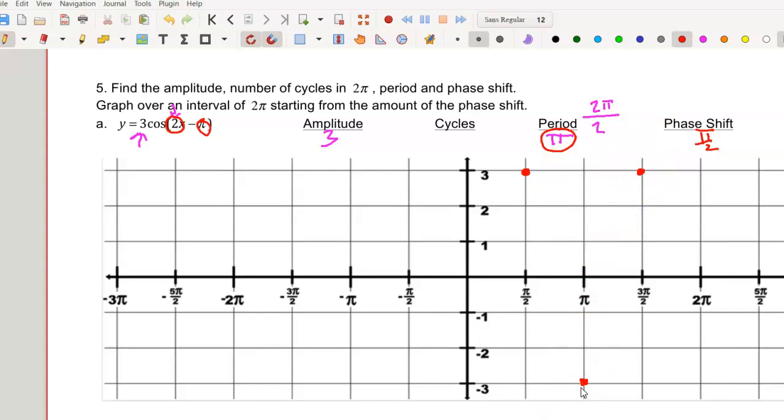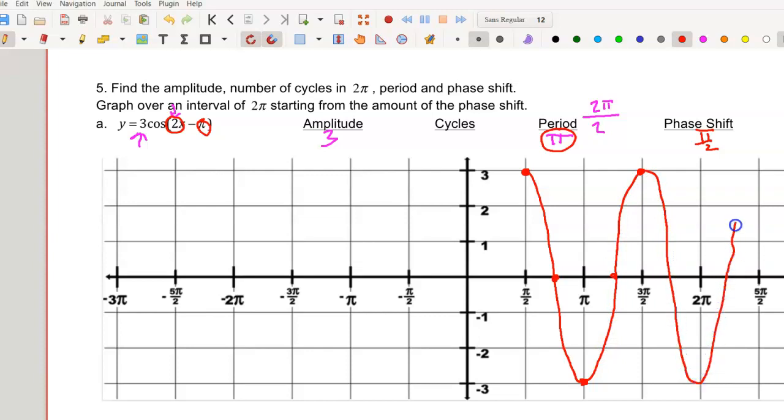So I know it's going to drop down to negative 3 here. And then the middle of these two is where it's going to cross the axes. Right? And as soon as you get one of them, you could just tessellate it and keep repeating it. And drop it down the other way.